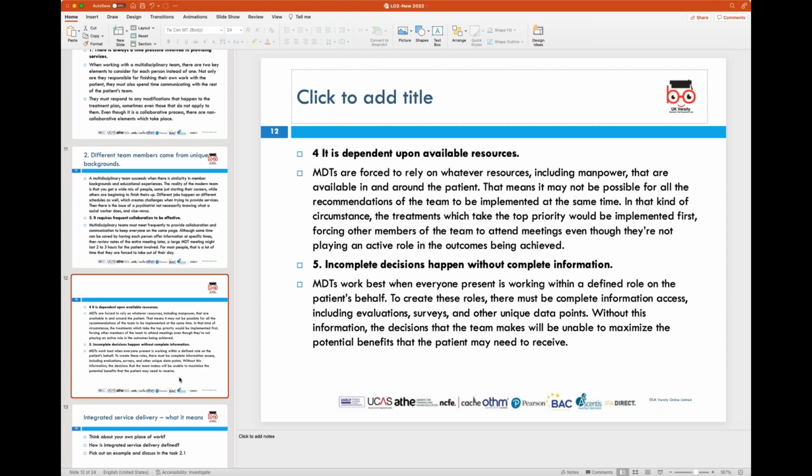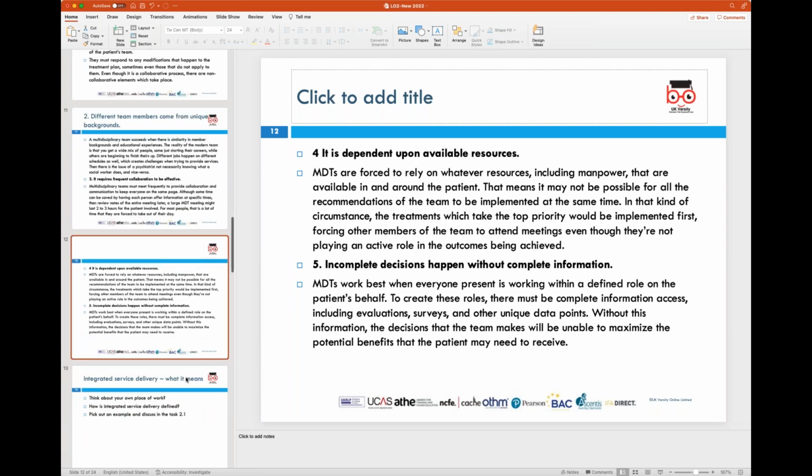So with the NHS, we do get to hear that the NHS is cash strapped and has a lot of pressure on resources, and sometimes having large or complex teams involved in the delivery of integrated care, specifically within the PCCTs, trusts, and things like that, you would generally see that availability of resources tends to become a weakness when you have large teams competing for the same set of resources to be able to deliver on the goals. And then you look at indecisions or incomplete decisions which happen without complete information.